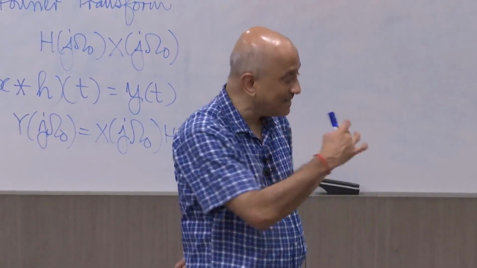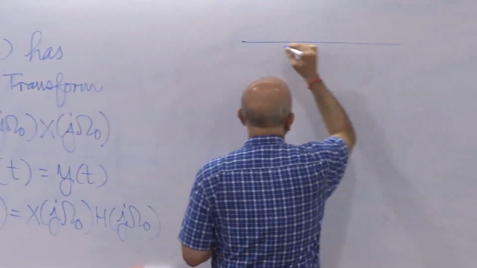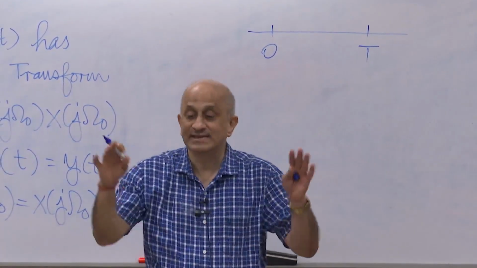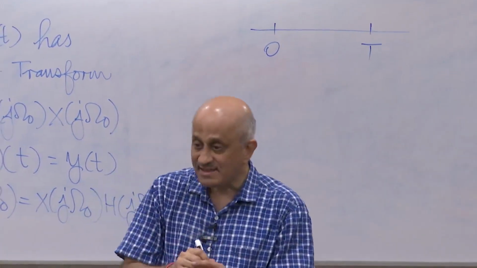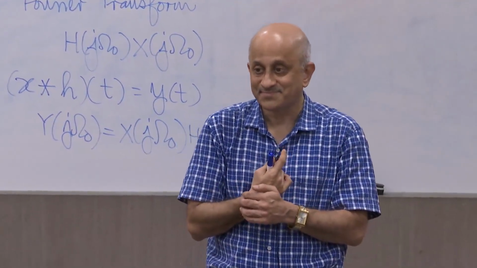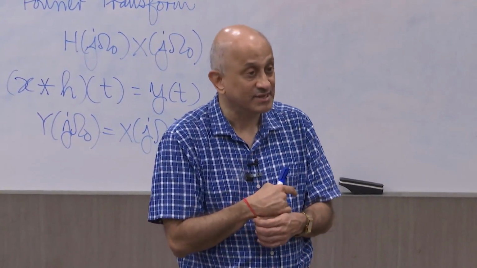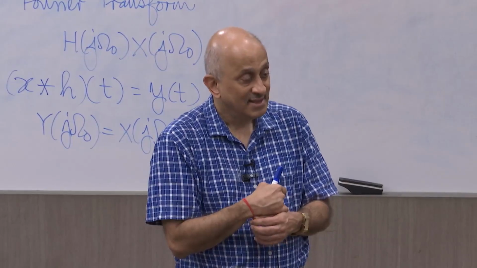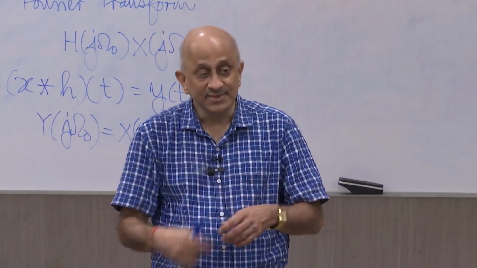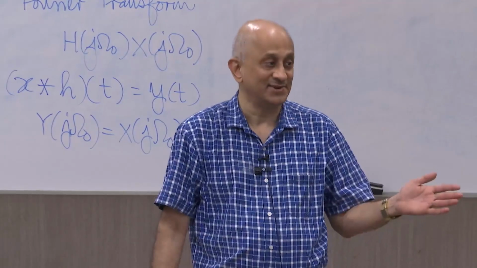Anyway, let me tell you what I am saying without loss of generality here. I am saying, without loss of generality, let us consider a signal to lie between 0 and T. Abstraction. When I say without loss of generality, I really mean that even though I am taking a particular case, it does not affect the general analysis.